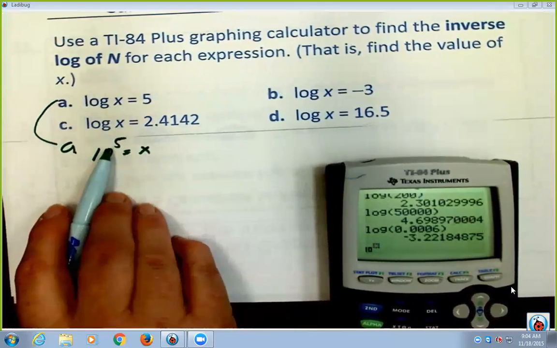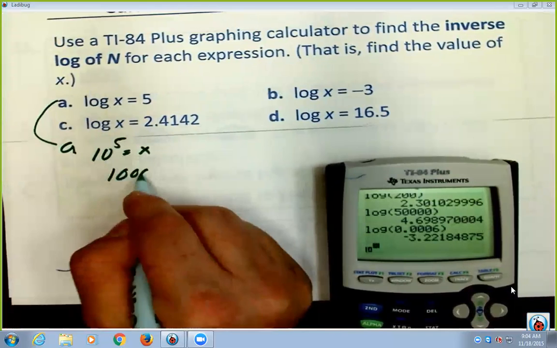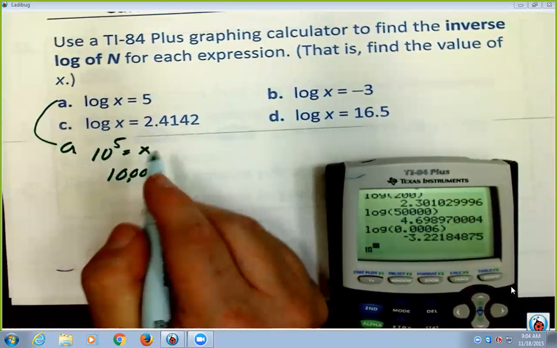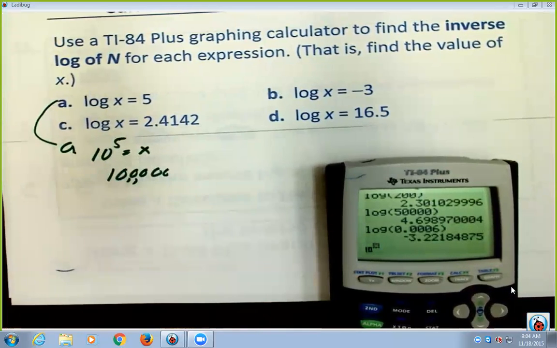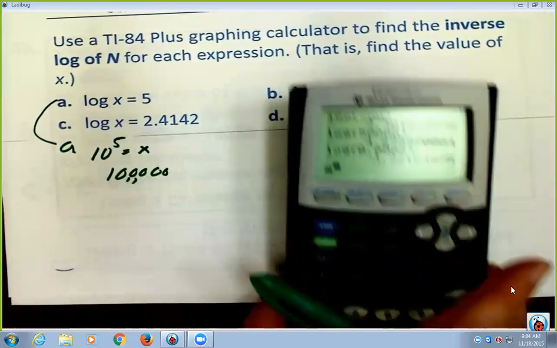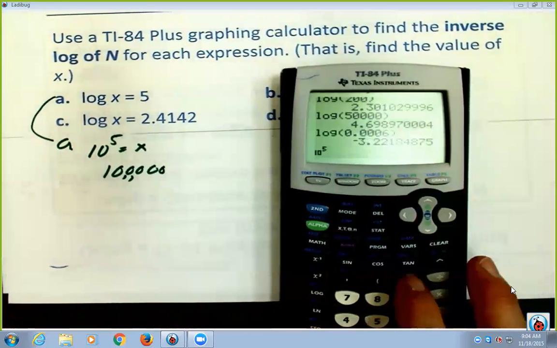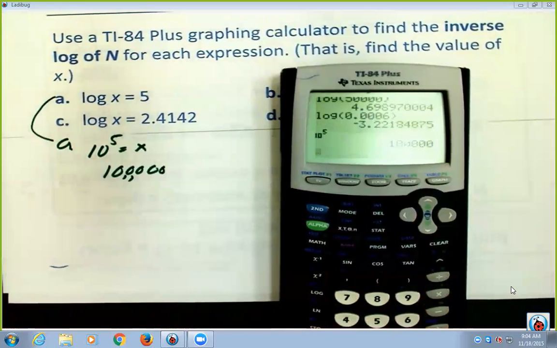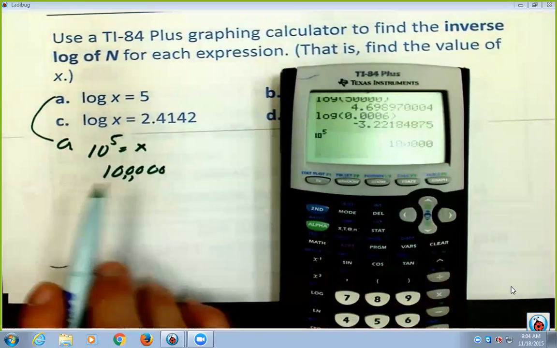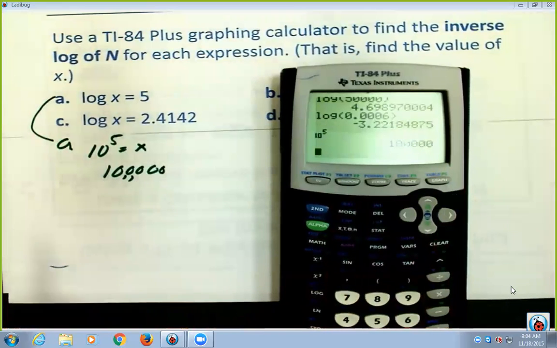We know we've got a 1 with 5 zeros after it if we knew what we were doing with exponents. And so we end up with 100,000 as our answer to this one. Or if we put it on our calculator, we go second, my log key, type in a 5, hit enter, and we end up with 1 with 5 zeros after it.